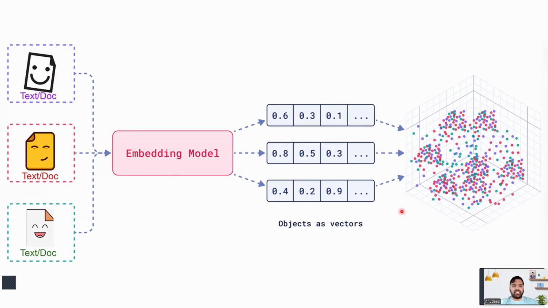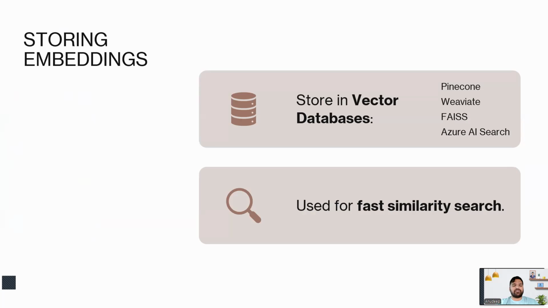Now, once we have all these embeddings, what do we do to do semantic search? That's when we start storing these embeddings in something called vector databases. There's a huge difference between a normal database that you must have heard of versus a vector database.